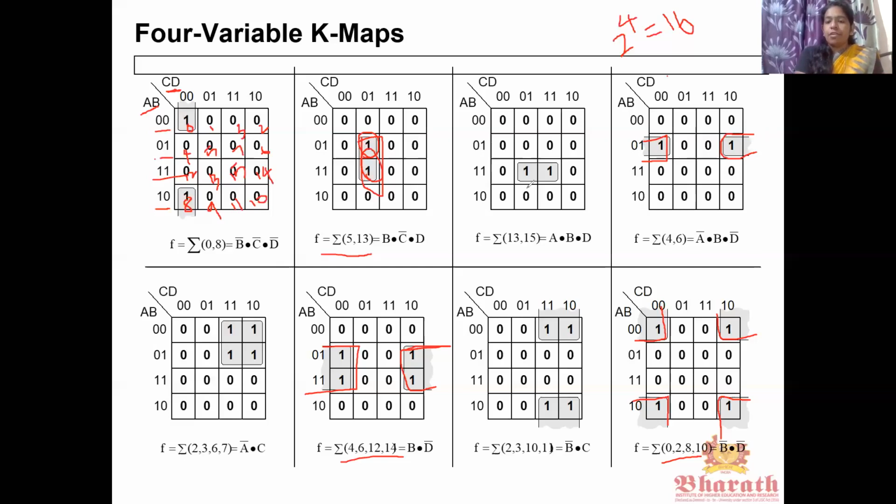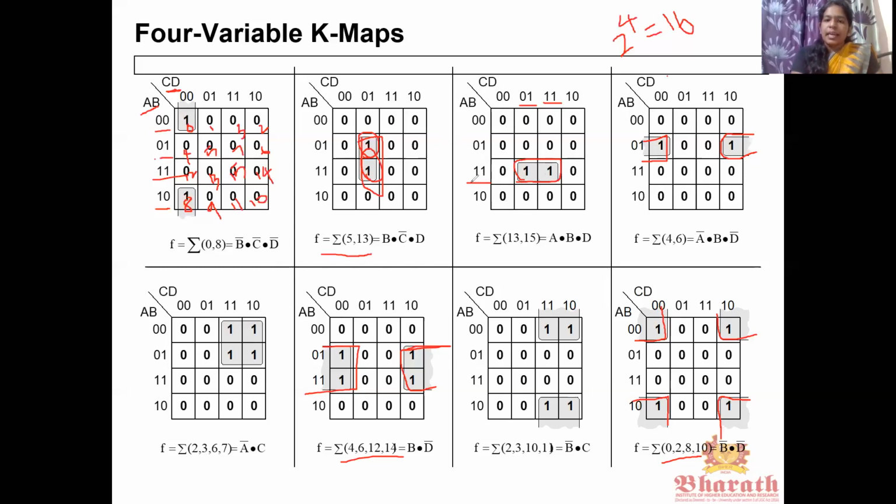Then for finding the expression, same procedure for the 4 variable K-map. So see here, for this grouping, see the row 1 1. Column is 0 1 1 1. 1 1 means here you are having only one row. One row means you can take the value as it is.